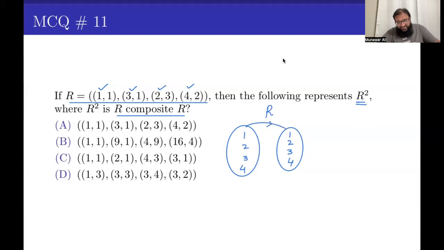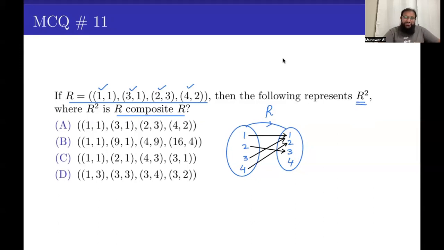So the first element says that 1 goes to 1, and the second one is 3 goes to 1. So 3 goes to 1, 2 goes to 3, 2 goes to 3, and 4 goes to 2.